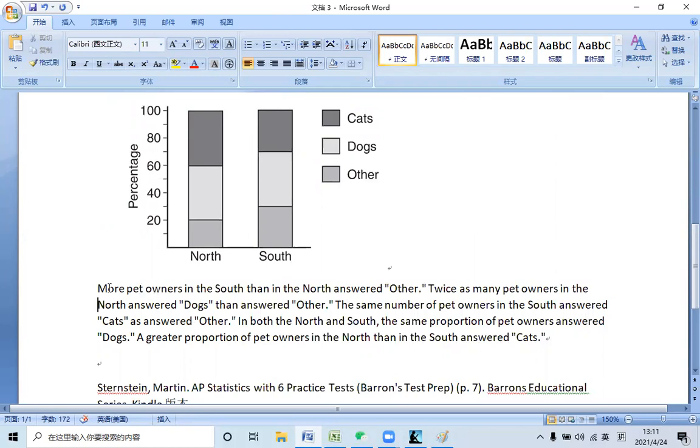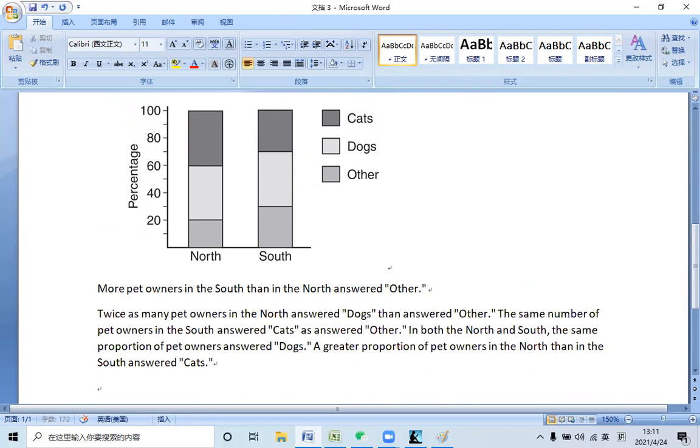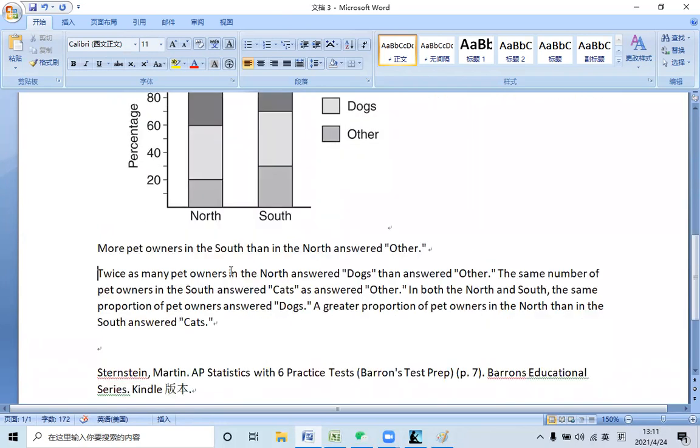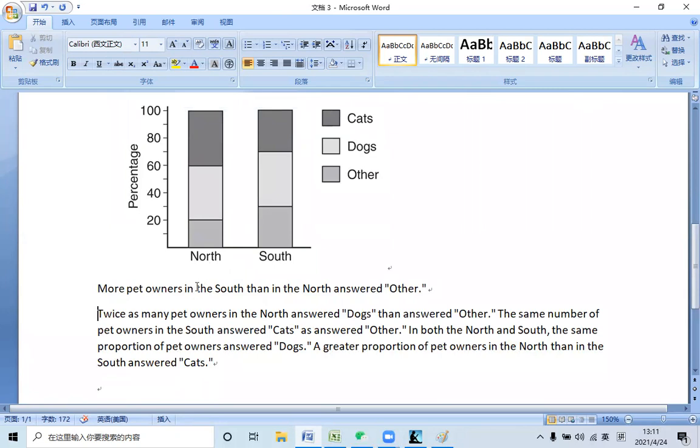Look at A: more pet owners in the south than in the north answered other. Would that be true? Which one of these is incorrect? Is this a correct interpretation or conclusion based on the graph?